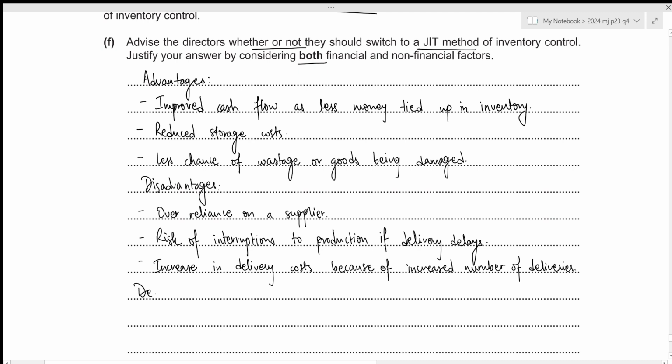Now we need to make a final decision. So personally, I would advise the directors that they should switch to a JIT method of inventory control, because there will be less chance of goods being damaged or goods being out of date. Let's write it down.